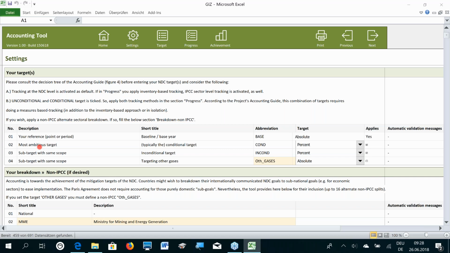So just in a nutshell, most countries have not only one target but several targets, and combining the tracking of several targets isn't as straightforward as one might suppose from the beginning, because if we look then at the instruments we use to track the achievement of the targets, we don't have that many instruments, and we have to see if those either top-down or bottom-up instruments are really coherent with the targets.